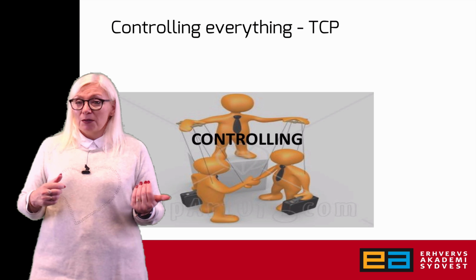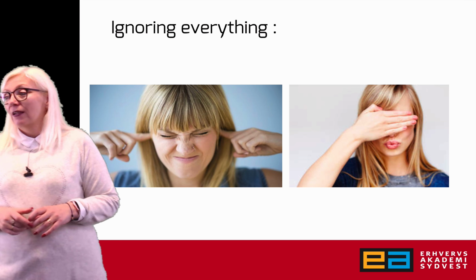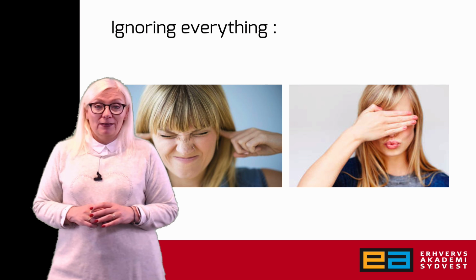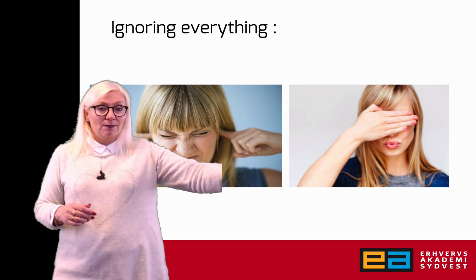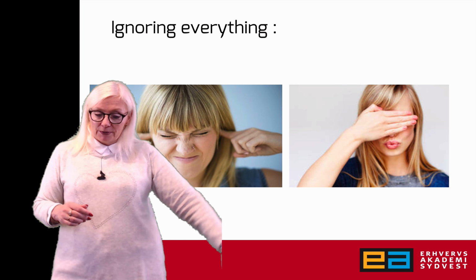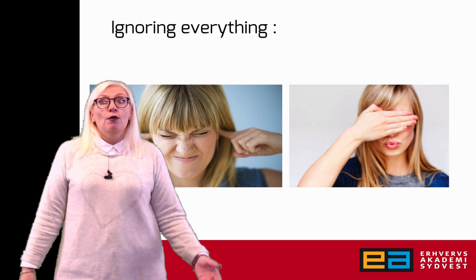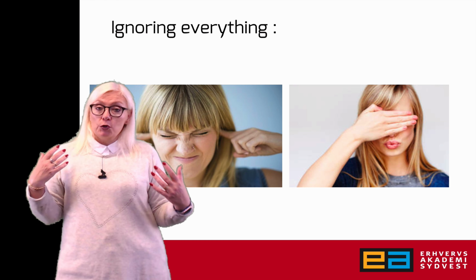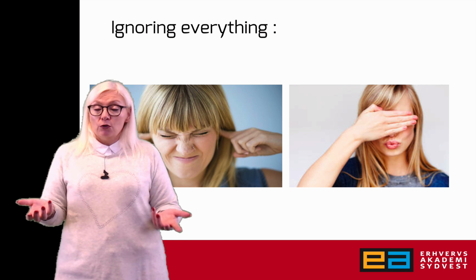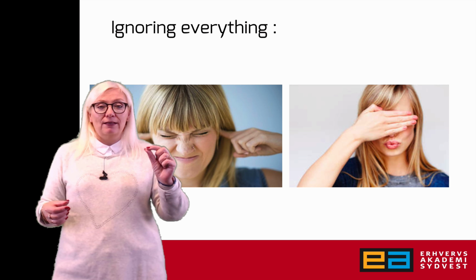Sometimes it's not important that everything is done correctly. Then we are using the UDP protocol instead. And this protocol ignores everything. It just sends, and whatever happened, it doesn't care. So the UDP protocol is something, for instance, if we want things to be faster. When we are streaming, we are normally using UDP. It doesn't really matter if one small packet is missing.